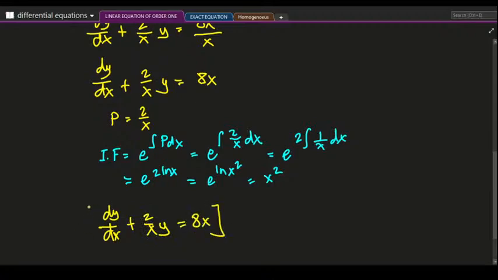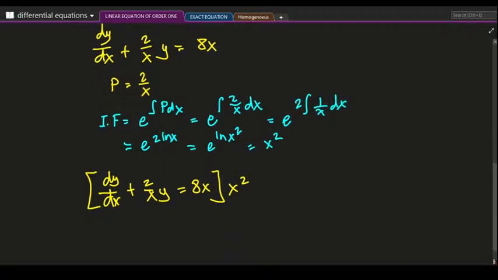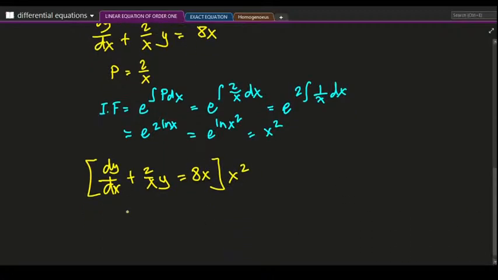Then we will multiply that by x squared. Okay, so we will end up with x squared dy/dx plus 2xy is equal to 8x cubed.